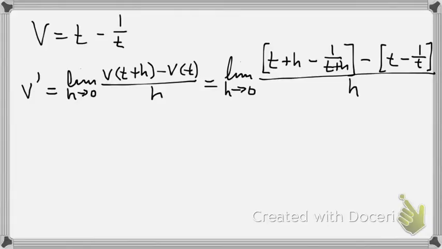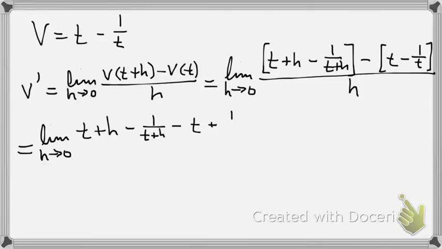All right, so once again, there actually isn't a lot of cleanup on this first step. We have the limit as h approaches 0, t plus h minus 1 over t plus h minus t plus 1 over t all over h. Basically, I just distributed the negative through the brackets.